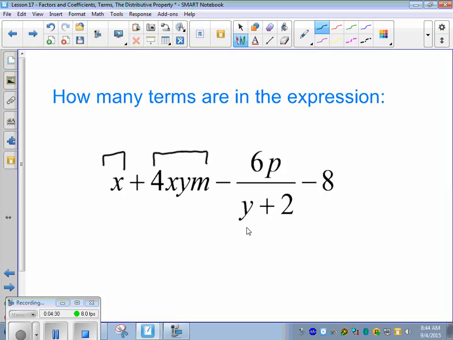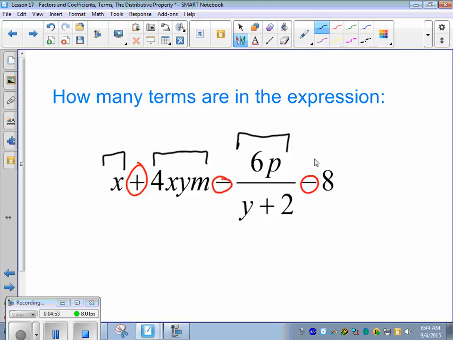This is a tricky one, but this is actually just all one term. And the reason for that is these pieces are attached by this division bar. This division bar makes them one term. This one's separated by this plus, this one's separated by the minus, this one's separated by the minus.